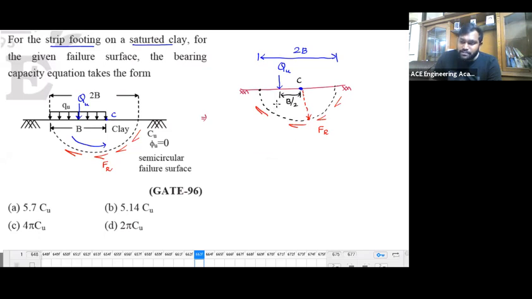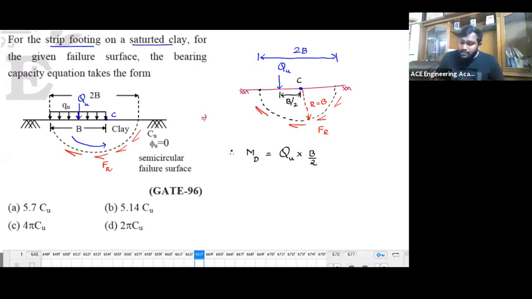And what is this radius? The diameter is 2B, the radius is simply B. So first things first, the driving moment is equal to the ultimate load into B by 2.